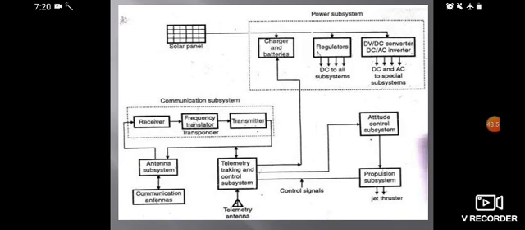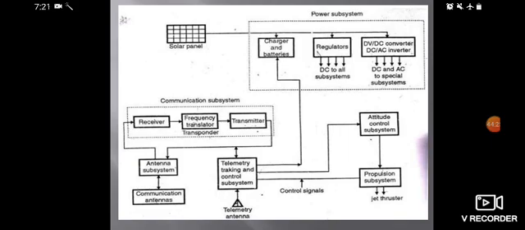Okay, what does the telemetry and tracking system mean? It is nothing but monitoring the onboard conditions such as temperature and battery voltages, and transmitting data back to the ground station, which can be seen with the telemetry tracking control. The propulsion system is operated by onboard computers in response to the command control subsystem.